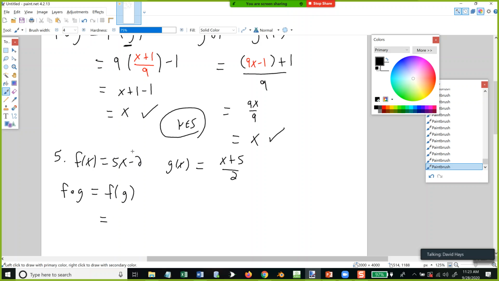So we're going to take our f of x, which is 5x minus 2, and where my x is, I put a set of parentheses. We're finding f of g, so we're going to plug g in there, but g is equal to (x plus 5) over 2.